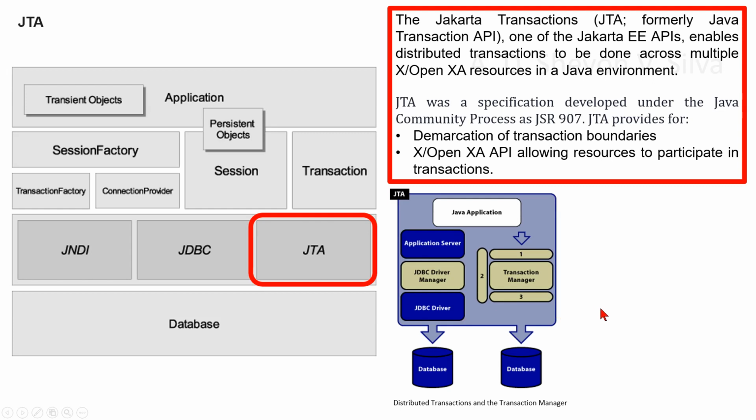Developers of code at the application level should not be concerned about the details of distributed transaction management. This is the job of the distributed transaction infrastructure: the application server, the transaction manager, and the JDBC driver.